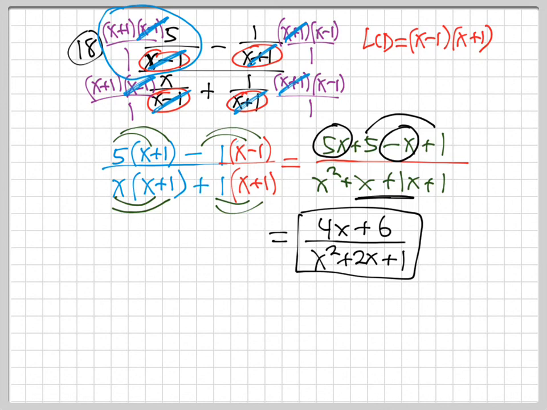How did you get that? How do you get that x plus 1 on the bottom? These guys cancel, and the x... Oh, did I mess up? Thank goodness, thank you.